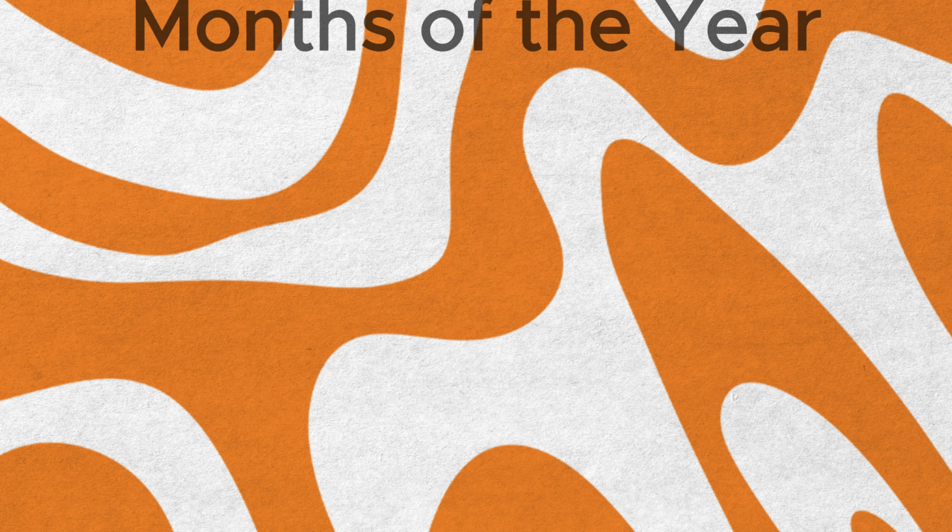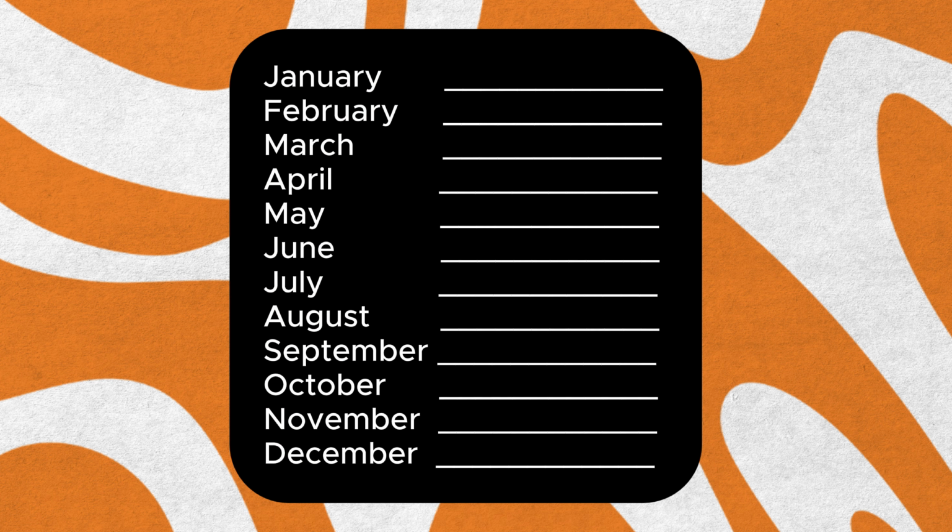Months of the year. Write the names of the months in German. I'm going to read this in English and you can answer how you have written that in German. January, Januar. February, Februar. The next one, März. Repeat after me, März.